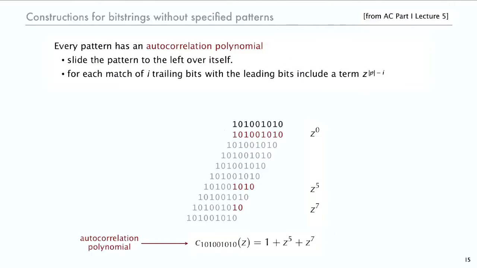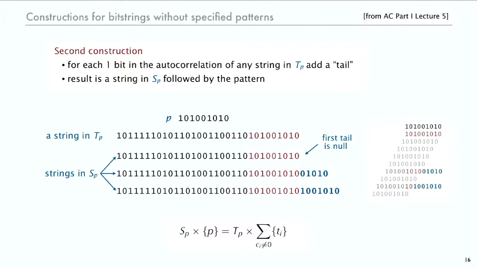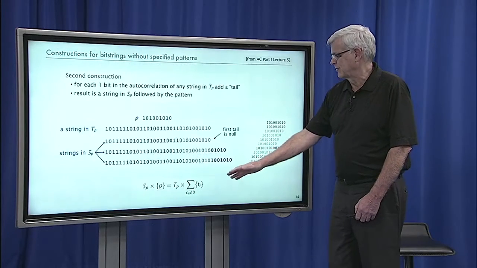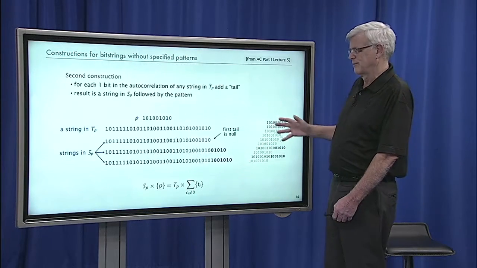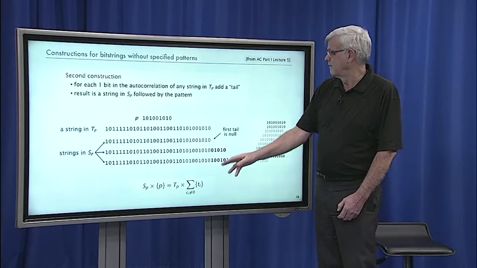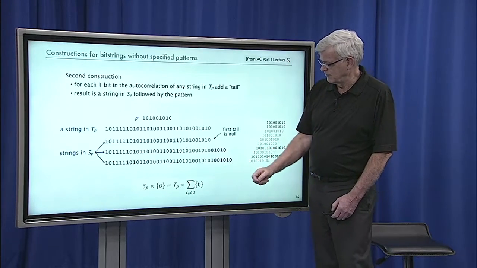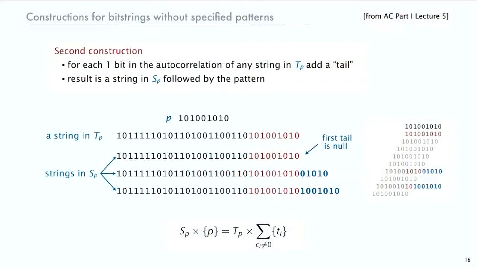With the autocorrelation polynomial, we can develop another combinatorial construction, and I won't go through the details. Again, look in Lecture 5 if you want to see them. That gives the construction of these 2 classes, SP and TP, in terms of the autocorrelation polynomial.